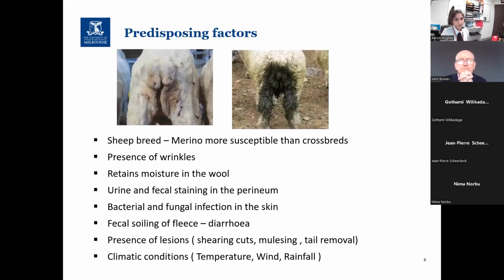So now let's talk about the predisposing factors. Anything that makes the fleece of the sheep smelly and damp would result in flystrike.